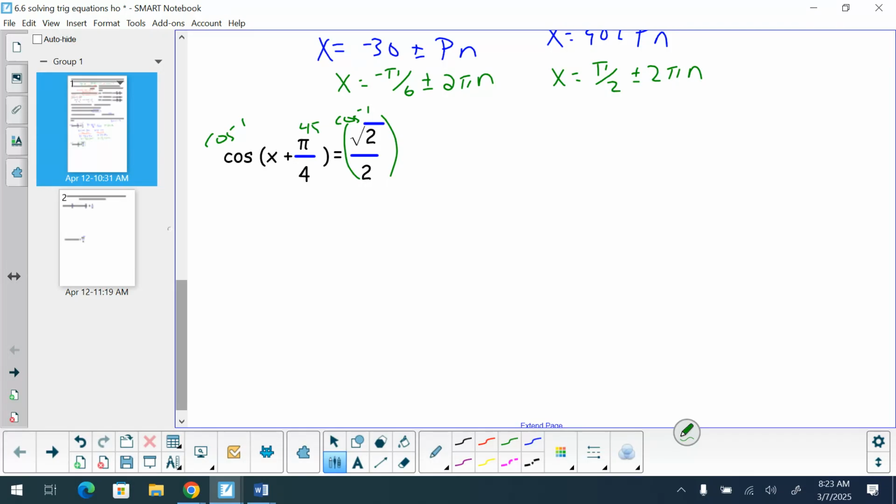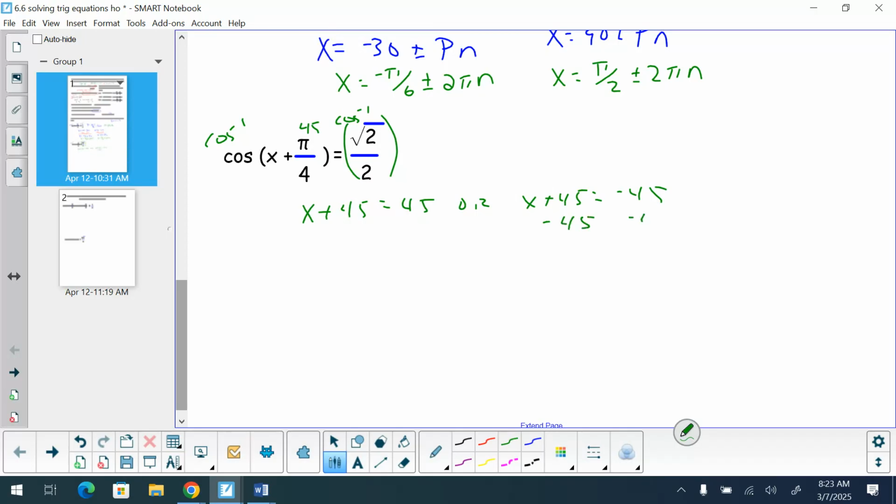Our inverse cosine of square root of 2 over 2, what do we go down to with that, Zach? 45. So we have x plus 45 is equal to 45, or x plus 45 is equal to, what's the second value? Negative 45.